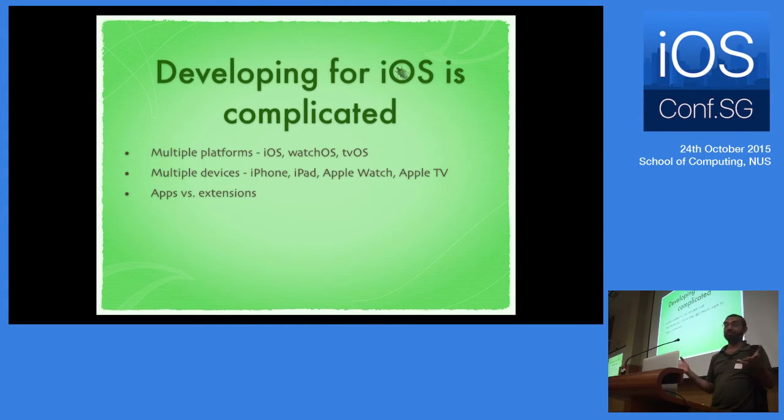And in addition to all of these different things that you have to debug, you also have apps versus extensions, where you have the extension running on the same device, and sometimes you don't know how to debug the extension. So these things make debugging complicated as time goes on.